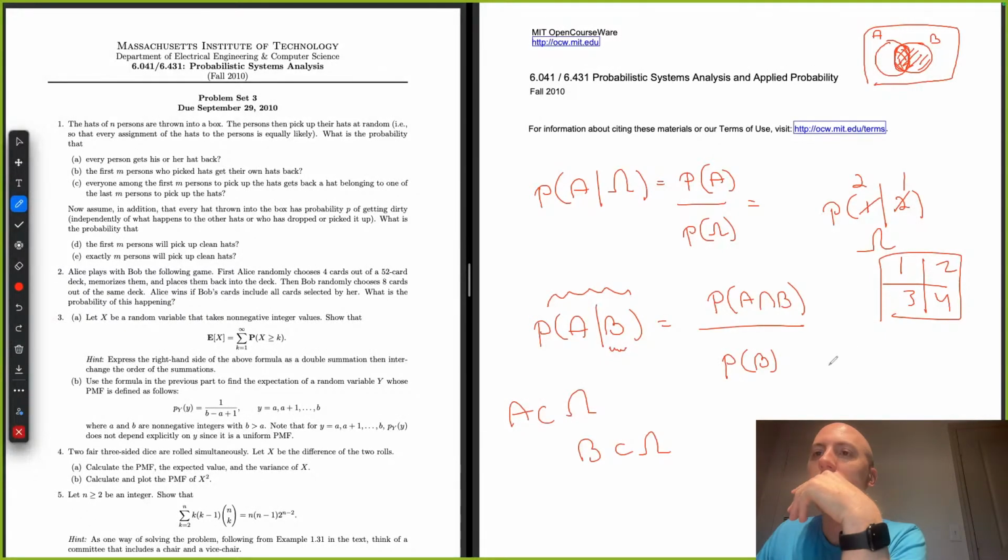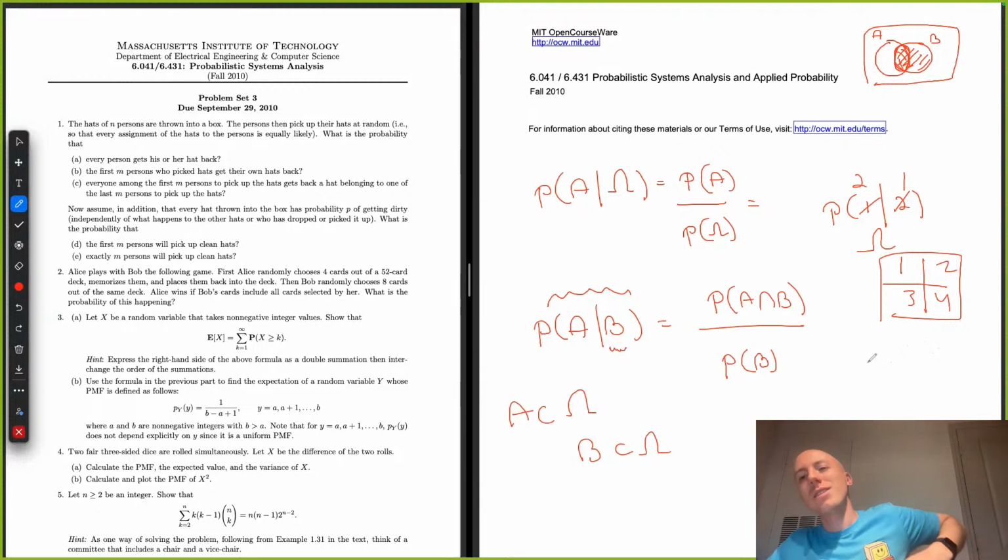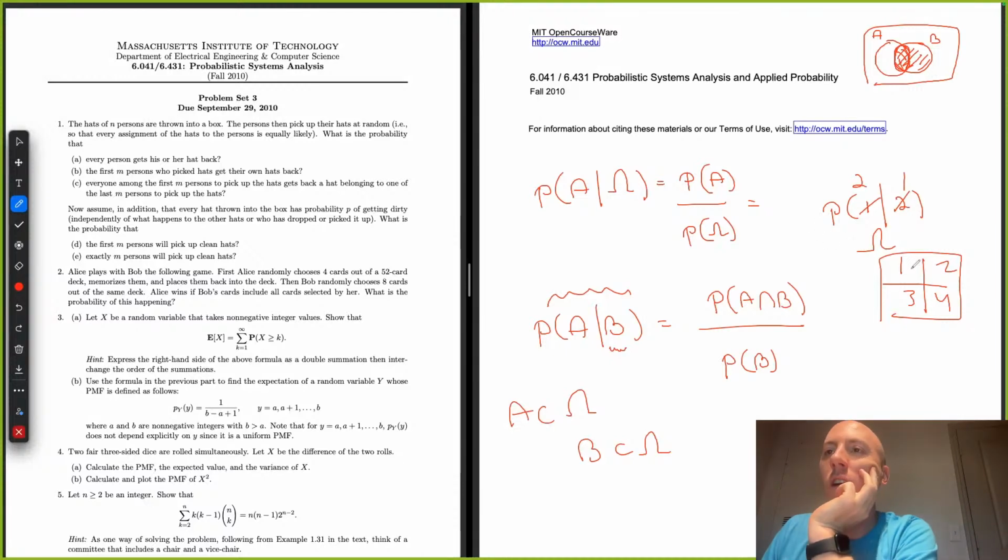It's almost like you want to let event 1 be equal to events 2, 3, and 4. But no, because that kind of goes opposite with how these are all the different outcomes of the experiment.